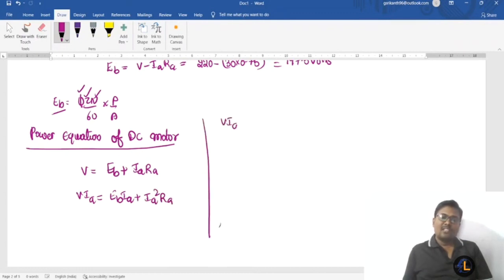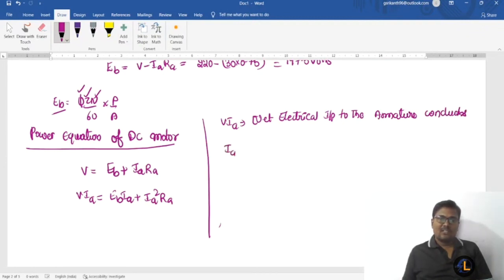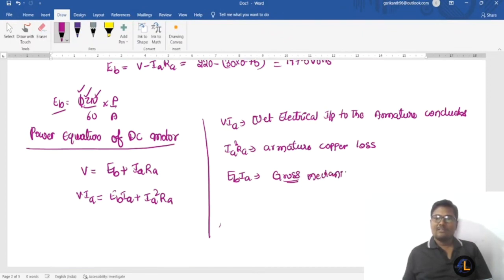So V into IA is called the net electrical input to the armature conductors, IA square RA is called the armature copper loss, and EB into IA is called the gross mechanical power developed in the armature.